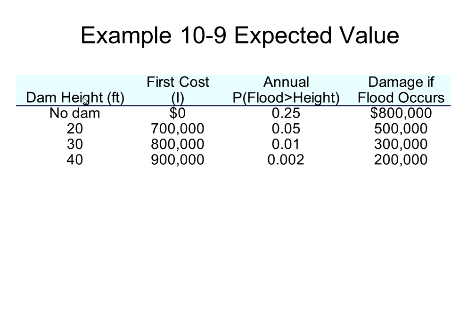Here we have different dams, and we have their initial first cost, we have their probability of flood, that's annual probability, and also the amount of damage if flood occurs.